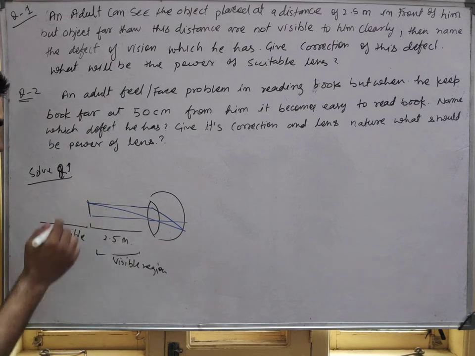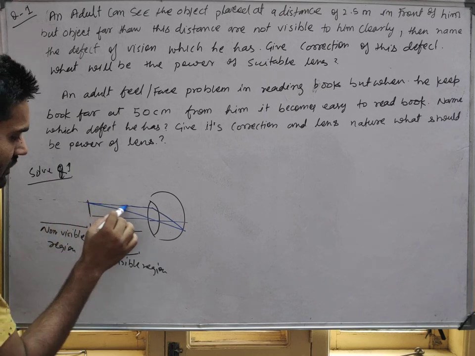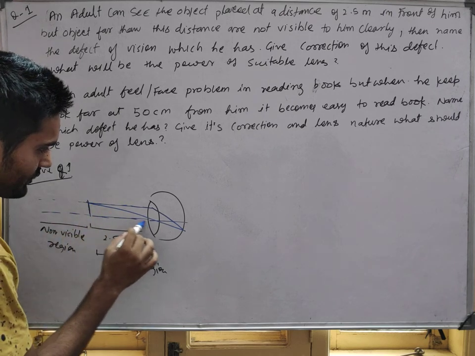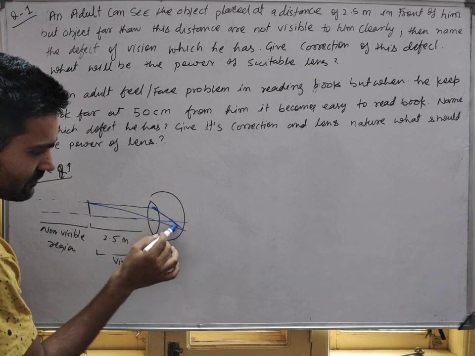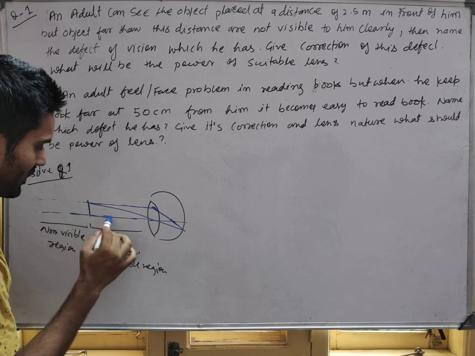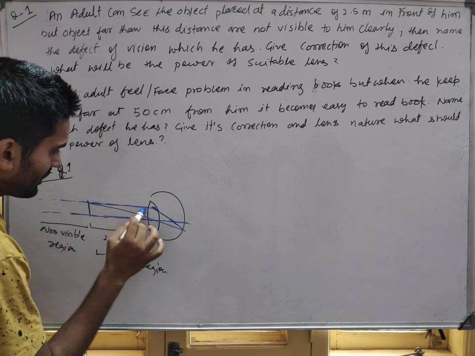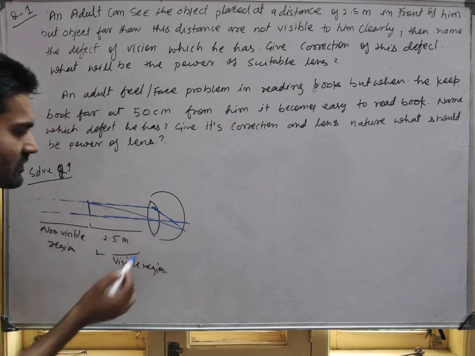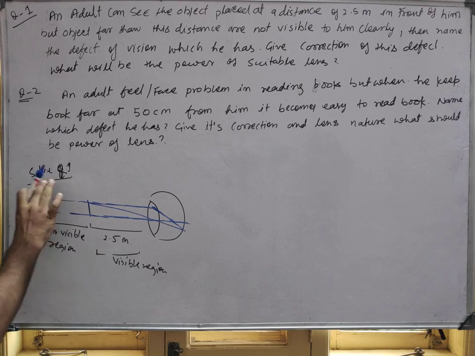But when the light comes from infinity, the image will be formed here, before the retina. So he is not able to see the image coming from far.